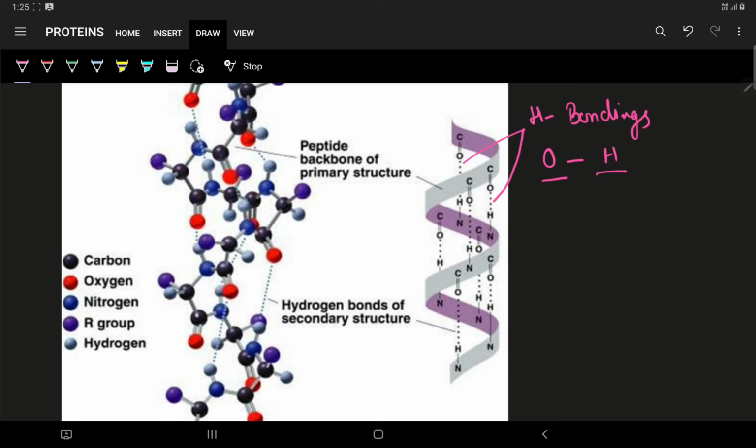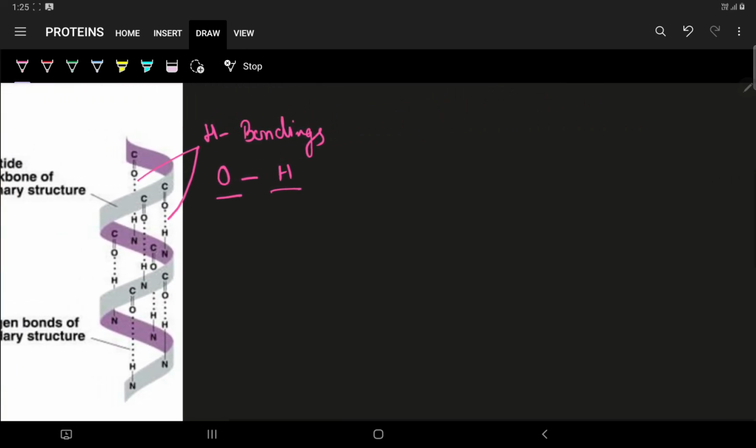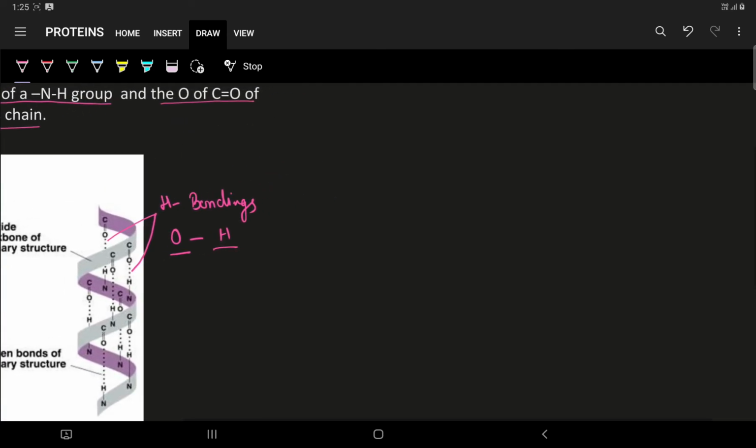So now let us see how we can draw this alpha helix structure. First of all, try to draw a helical or spring-like structure here.